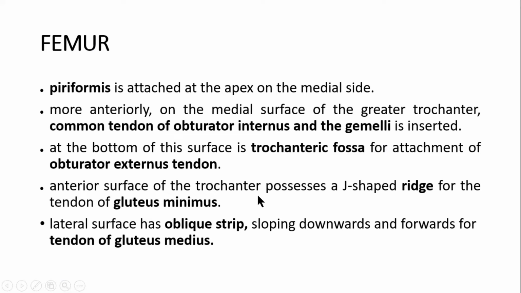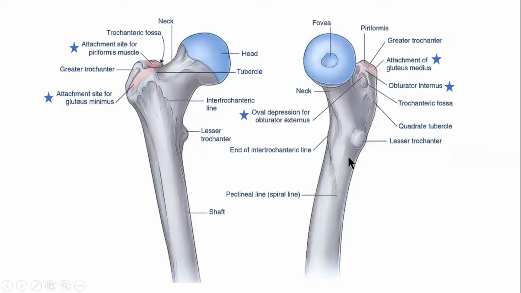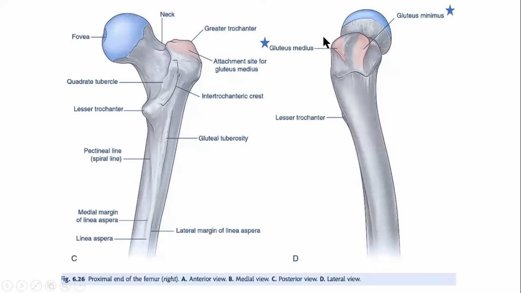Lateral surface of the trochanter has an oblique strip sloping downwards and forwards for the tendon of the gluteus medius, right? Lateral surface has the oblique strip. Now the gluteus medius. Here, this is the lateral surface. This is the attachment of the gluteus medius, right? Gluteus medius. Again, you see this.